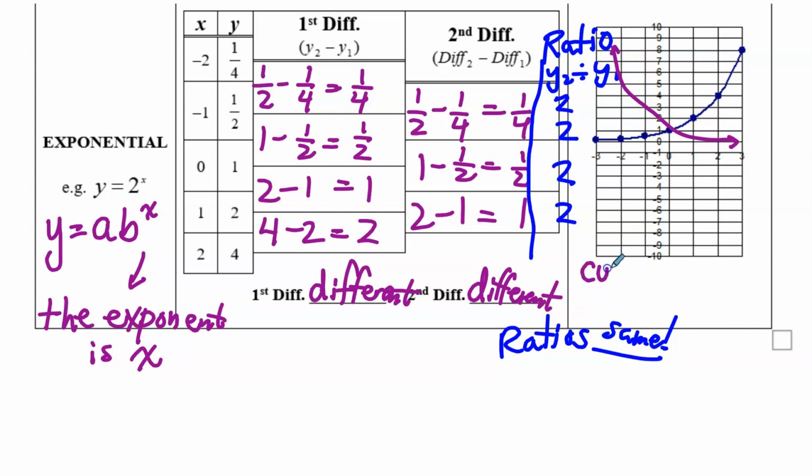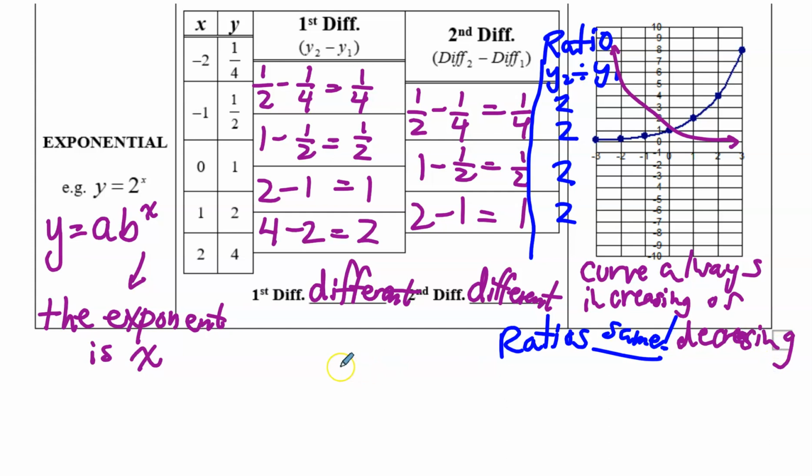It's a curve that is always increasing or decreasing. Your curve is always going up or always going down. That's how you know it's an exponential from the graph.